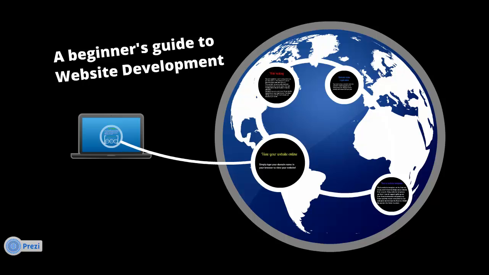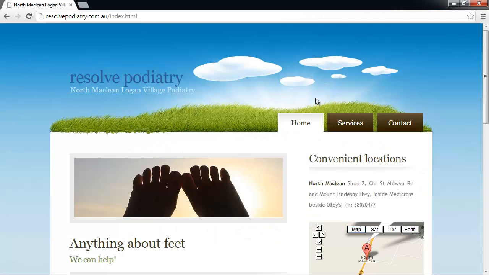So the first thing I will show you is what I mean by making a simple website. If you have a look at this website here, which is what I made for my brother, it has a simple domain name which I'll teach you how to register.